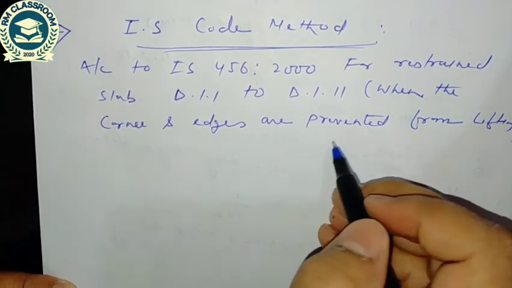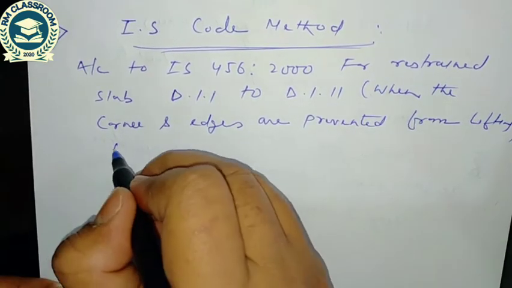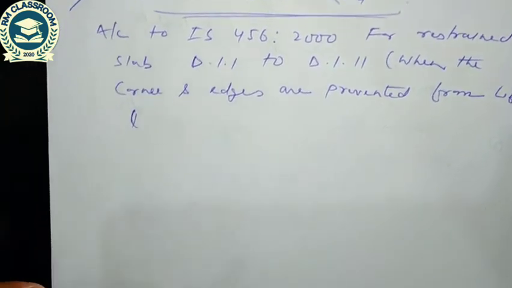When corners and edges are prevented from lifting, that is restrained, that is called a restrained slab.